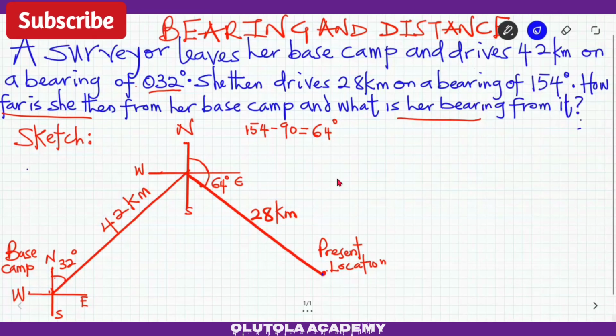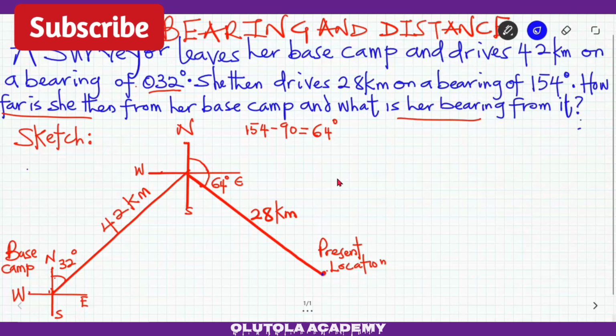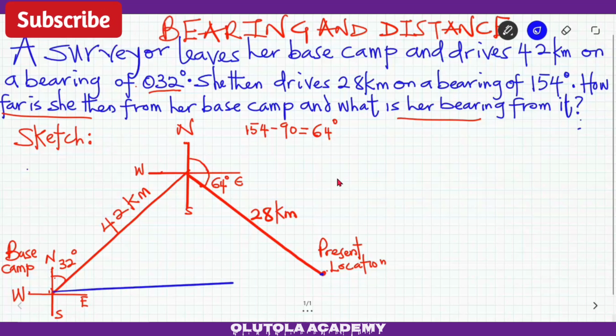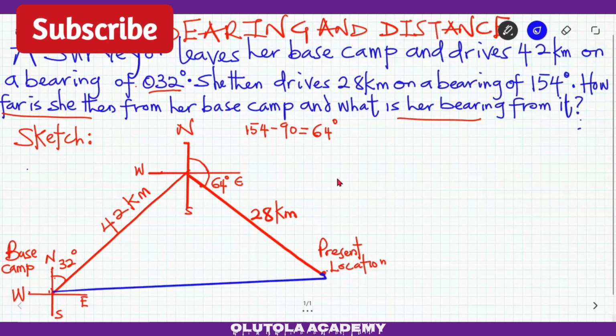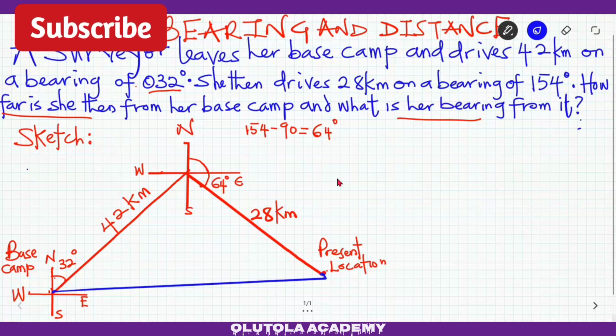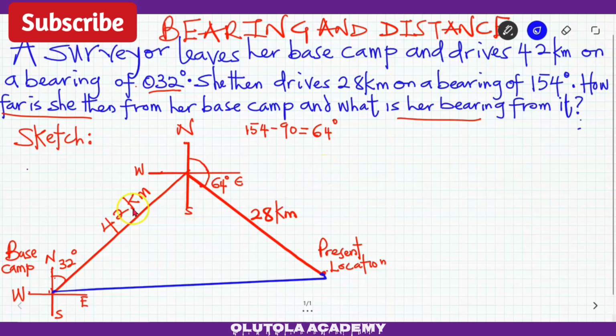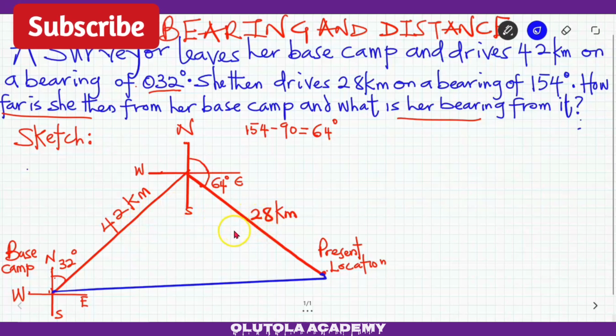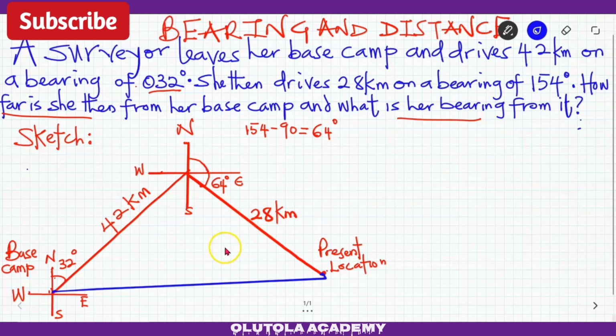So I'm going to draw this back to the base camp. It's not going to be straight because the question didn't say she went in the eastern direction, and of course 42 here is longer than the 28. So it will be one kind of triangle.